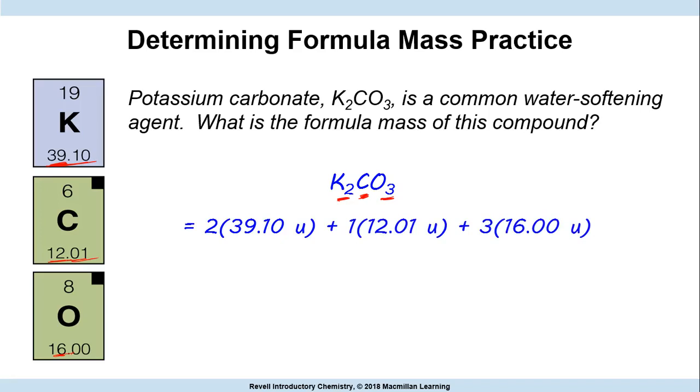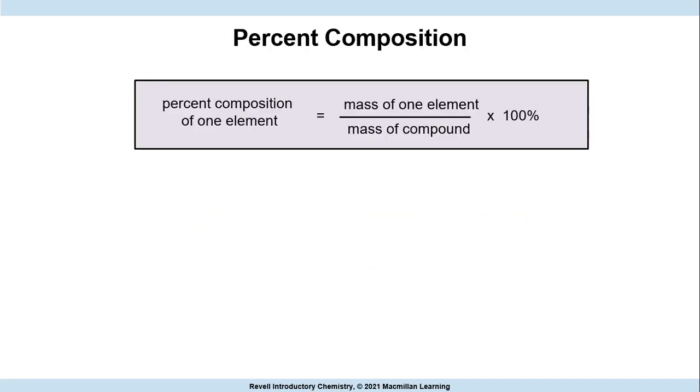So 2 times 39.10 atomic mass units plus 1 times 12 plus 3 times 16. That gives us 138.21 atomic mass units. So that is the formula mass for potassium carbonate. Now, let's look at what we call percent composition.